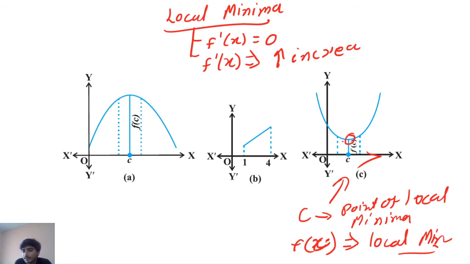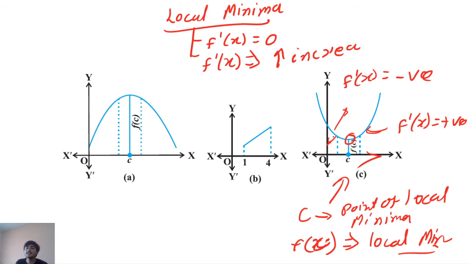So the second thing you always need to remember is that the sign should always change at this point. So before this, f dash of x was negative, right? And after that, f dash of x is positive. So it is changing its direction from negative to positive, while in the earlier case f dash changes from positive to negative, right?